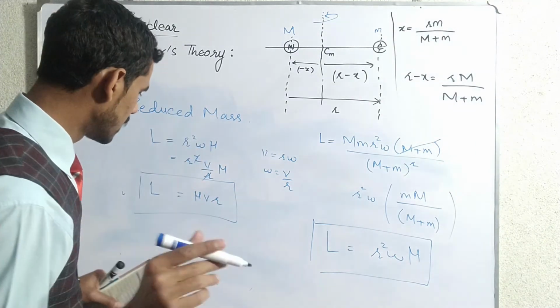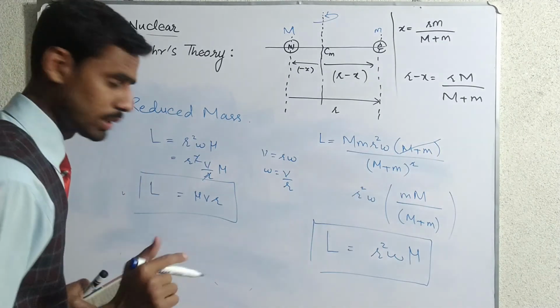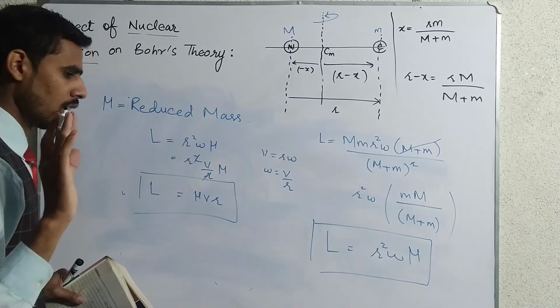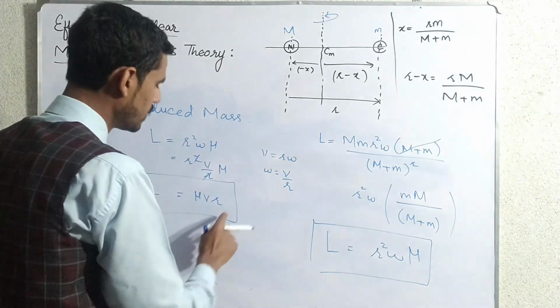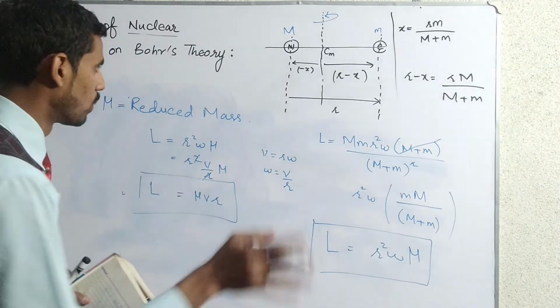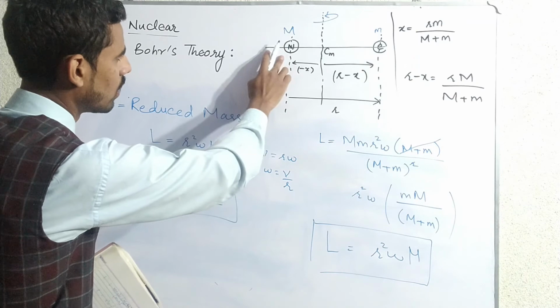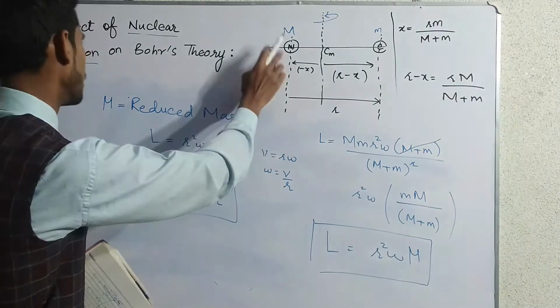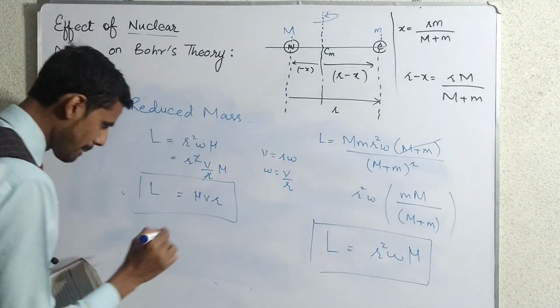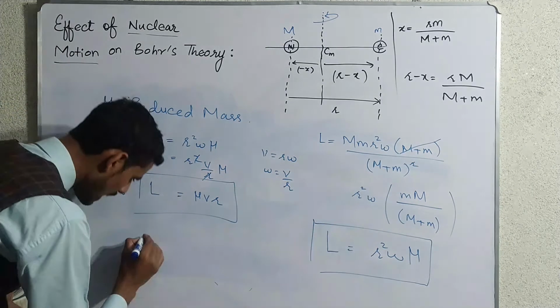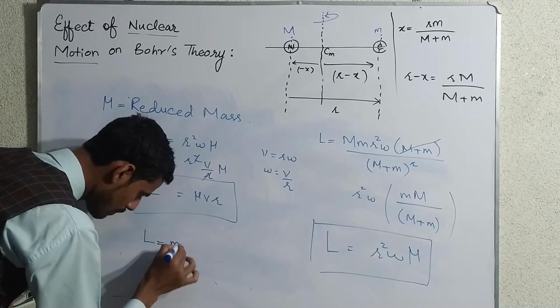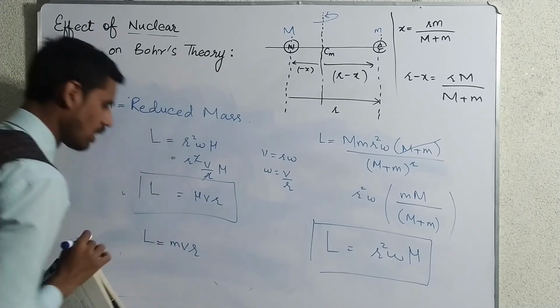But in this lecture, let's see the difference between Bohr theory without reduced mass and with reduced mass, or Bohr theory with nucleus at rest or with nucleus in motion. So in the first postulate, we said that L equals m v r.